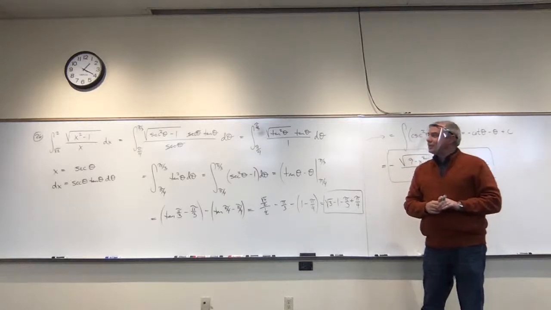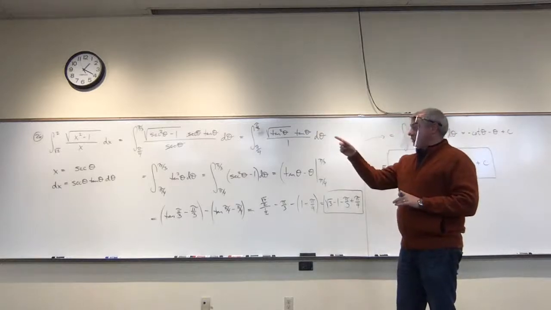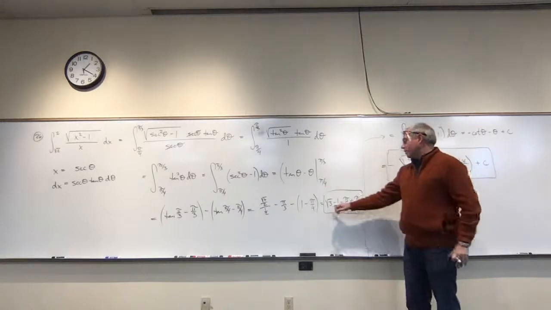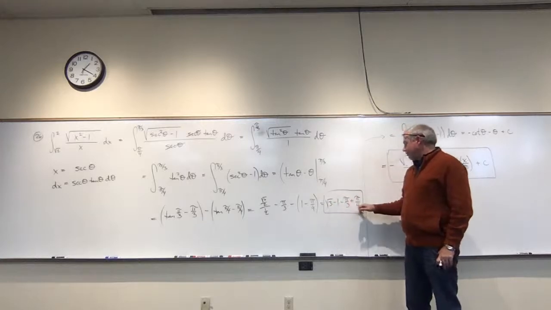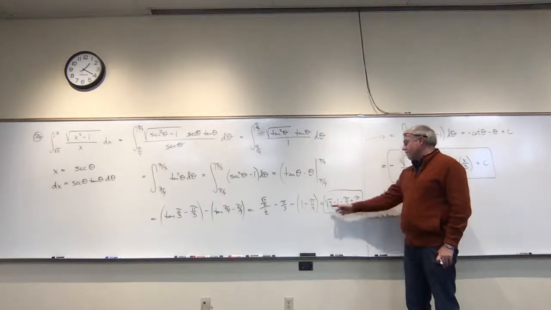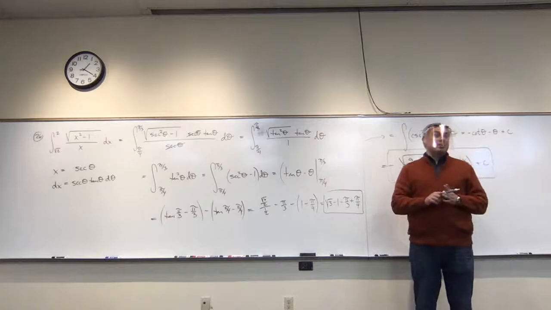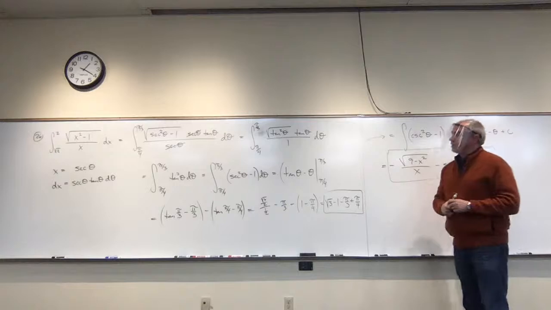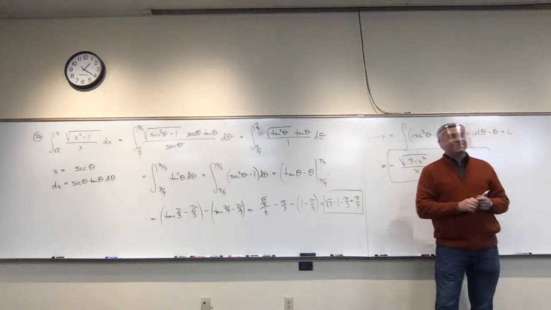I don't think that this thing is ever negative that I'm looking at. So it's not going to be a negative number. But square root of 3 is bigger than 1. So this number is positive. But what is this number? This is negative, right? So I might just plug that into my calculator real quick and just make sure that that actually is a positive number. And if it is, then I feel pretty good about it. It is? Okay. Then I feel pretty good.